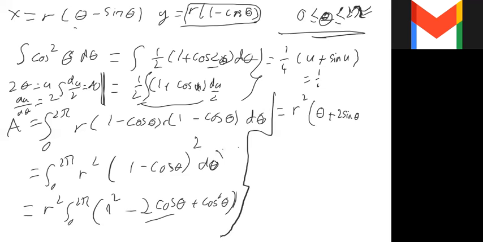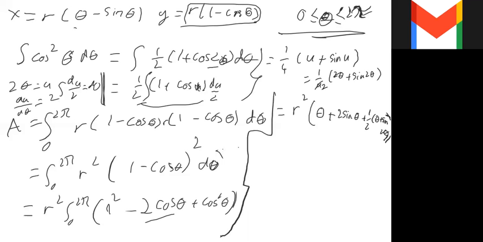So 1/4 of 2 theta plus sine 2 theta, and you can see the 2s cancel out, so we're going to have 1/2 theta plus sine 2 theta.